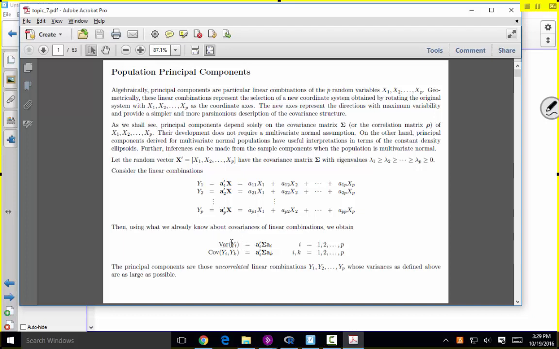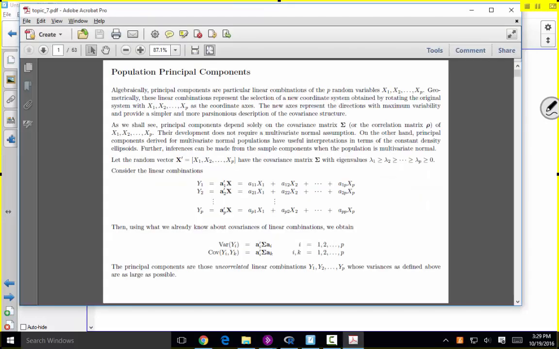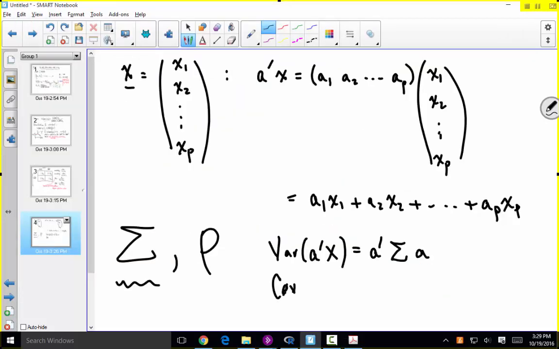Namely, the variance of yi, that's the variance of A transpose X, we've seen before that this equals A transpose times the covariance of X, times A. We also have that the covariance between A_i transpose X and A_j transpose X, any two linear combinations, is equal to A_i transpose sigma A_j. These are things we know about linear combinations of random vectors.